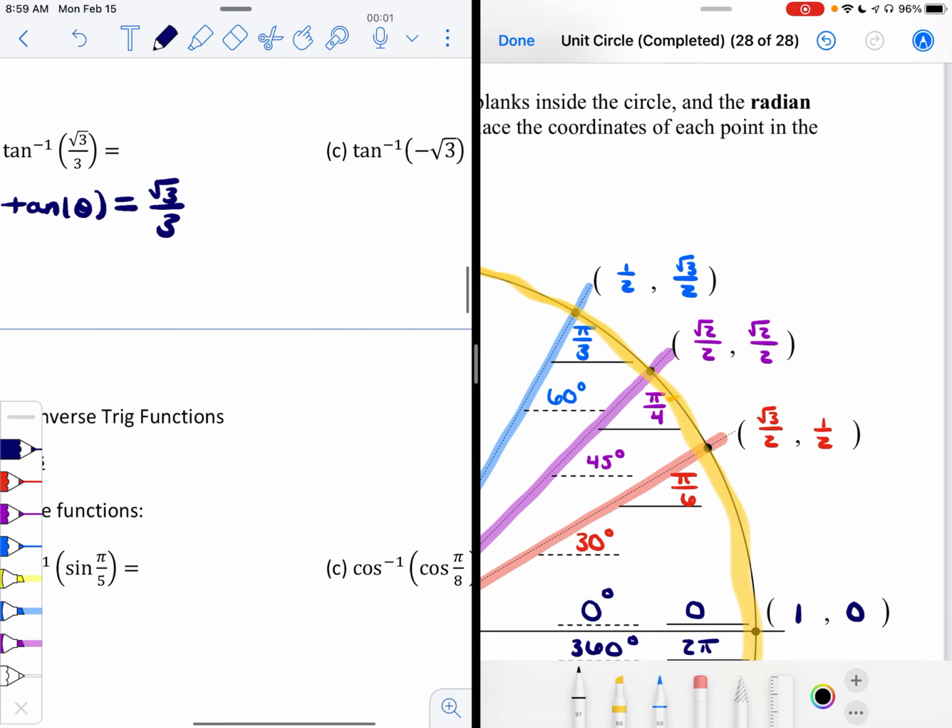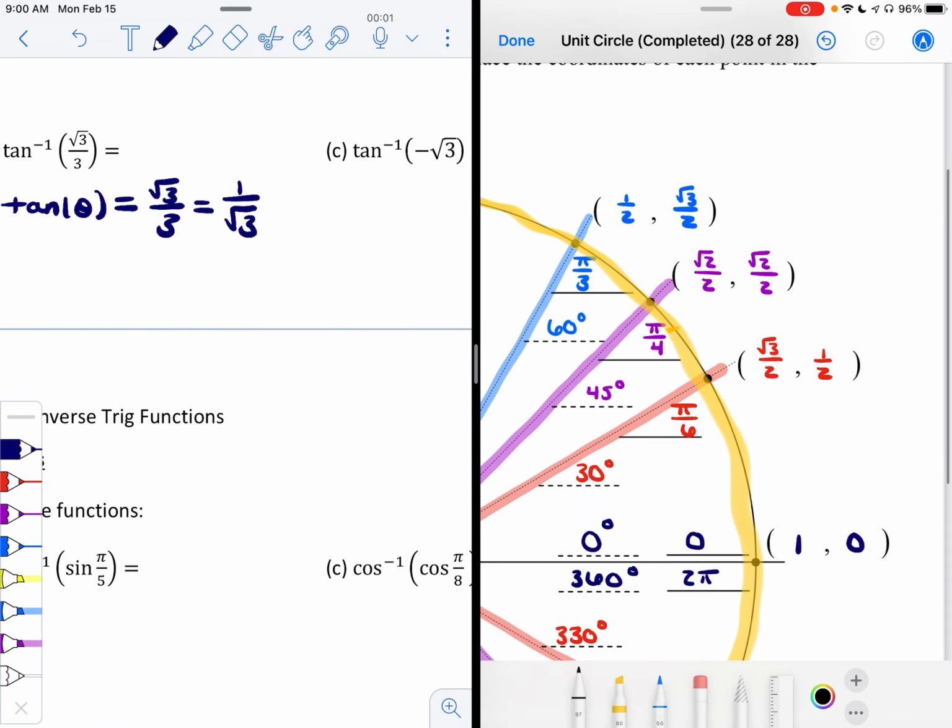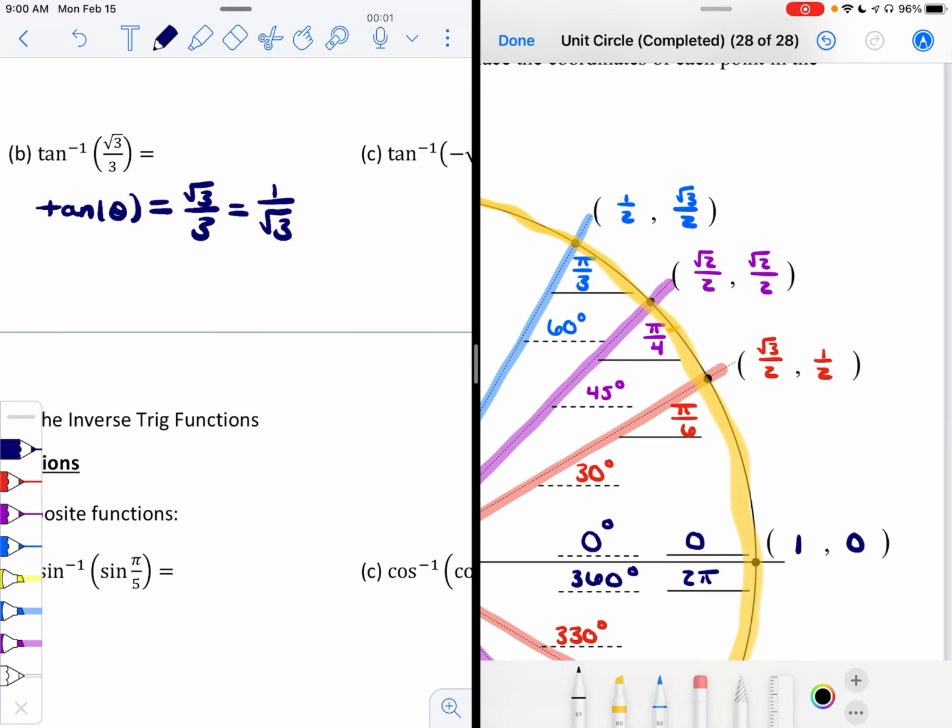So this originally came from 1 over root 3. So if we think about looking at our unit circle over here, we know that tangent is y over x. So if we want to have a 1 in the numerator, we had to have had something with a 1 in the numerator from our unit circle.